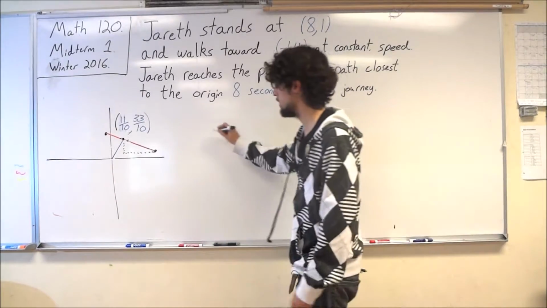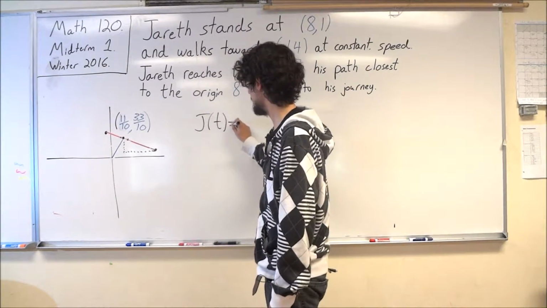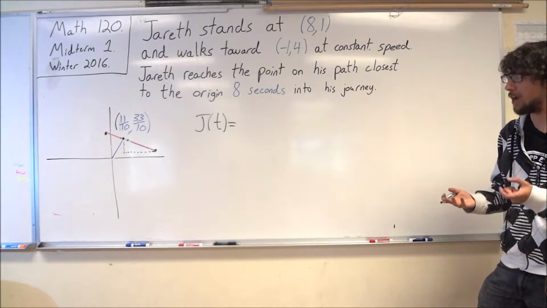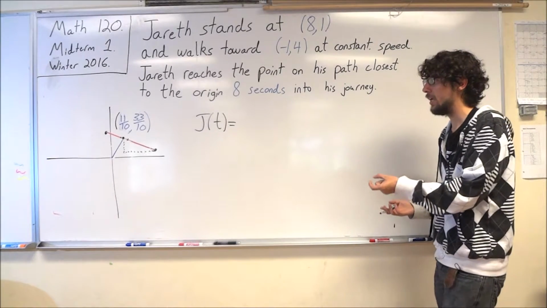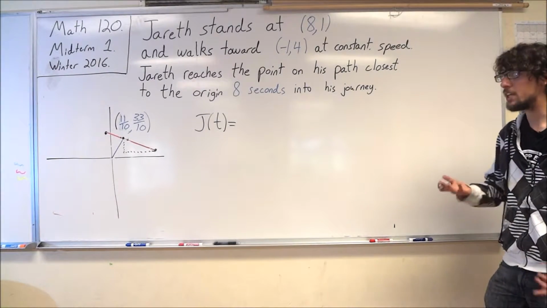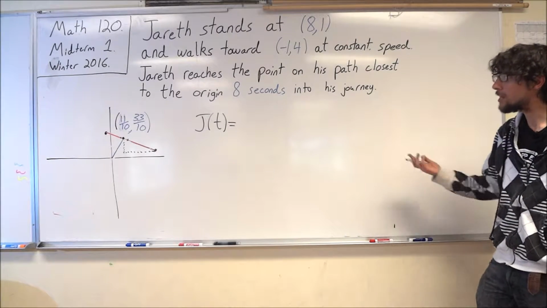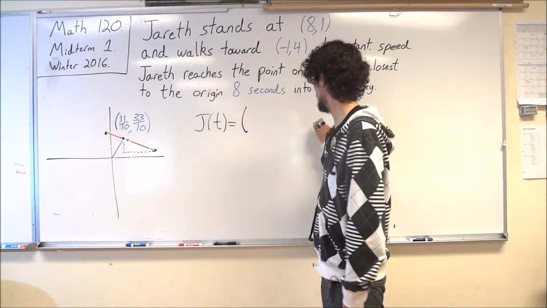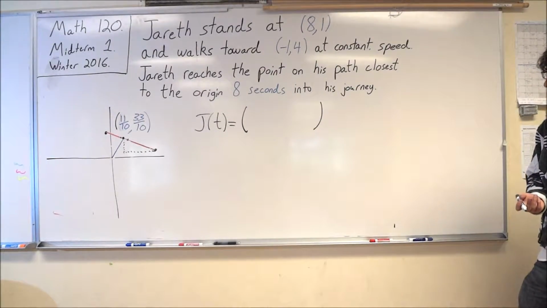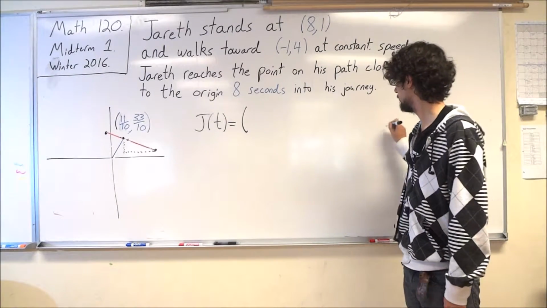So I'm looking for a function j of t that, when I feed it t, spits out, rather than just a number, a pair of coordinates. You can think of parametric equations in a couple of different ways. The way I'll propose to think of them here is that I'm looking for coordinates as a function of t. So maybe I'll give myself a little more space here.